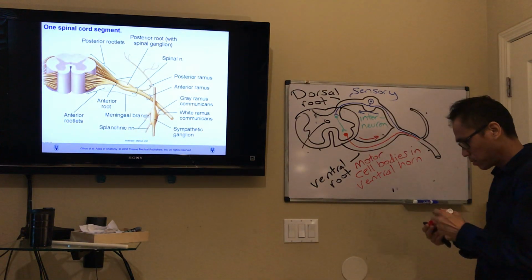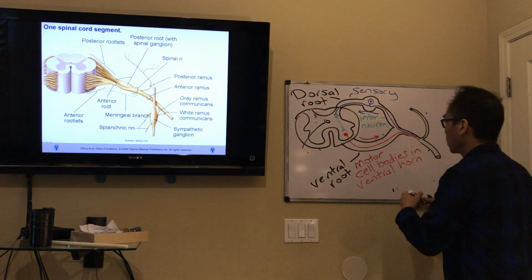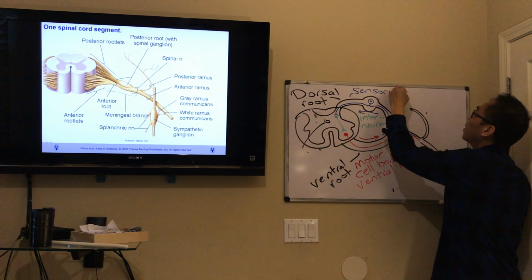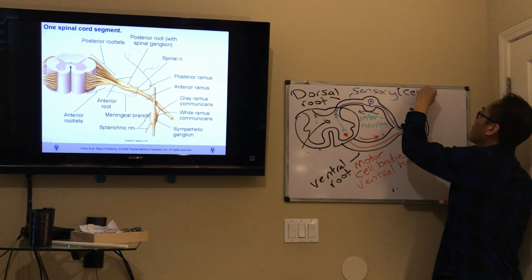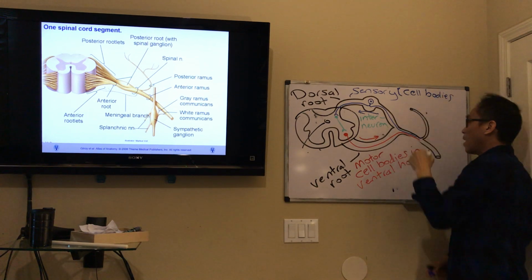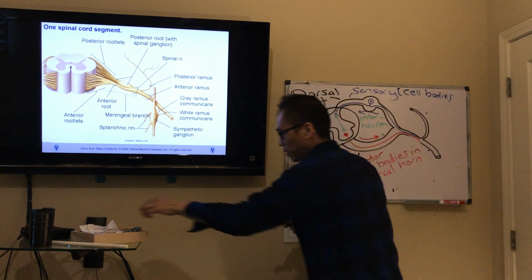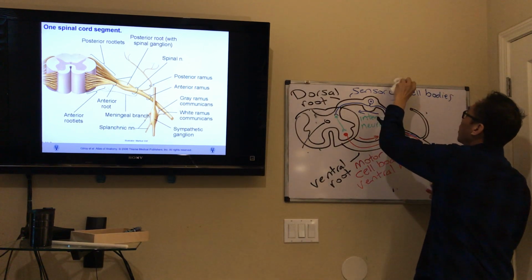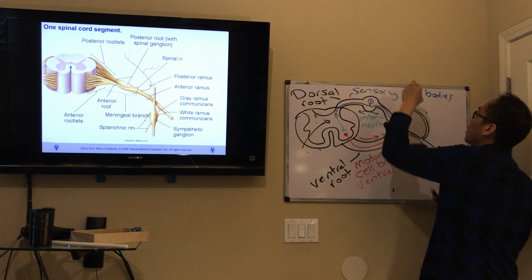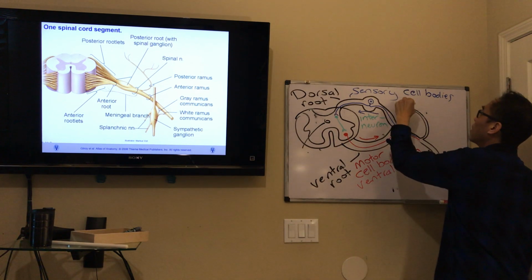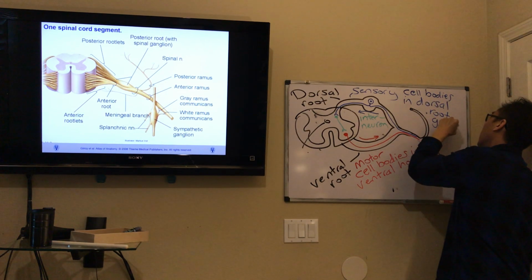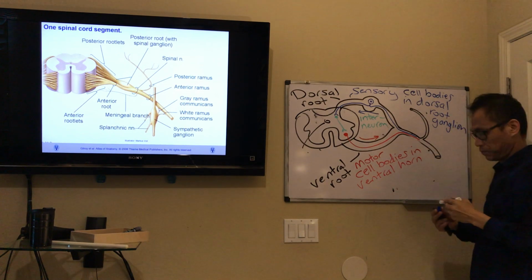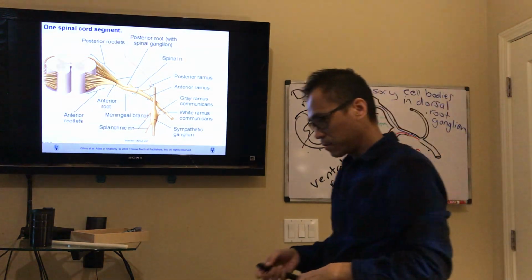I just drew one. Cell bodies in dorsal root ganglion. And we're going to move on.